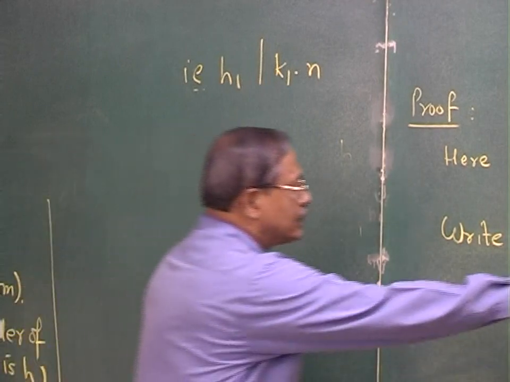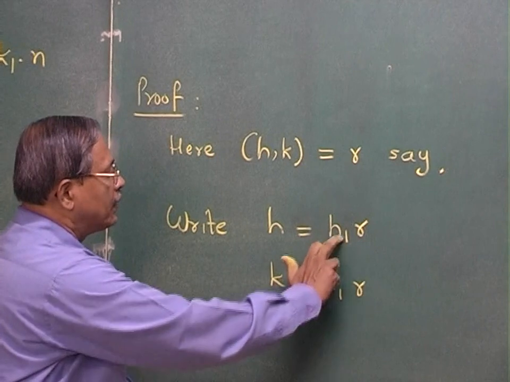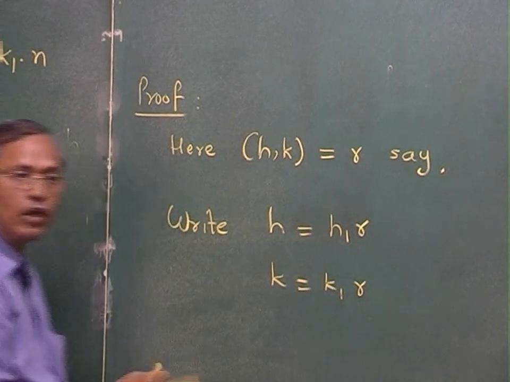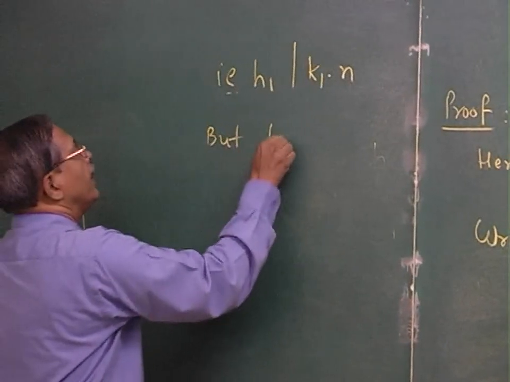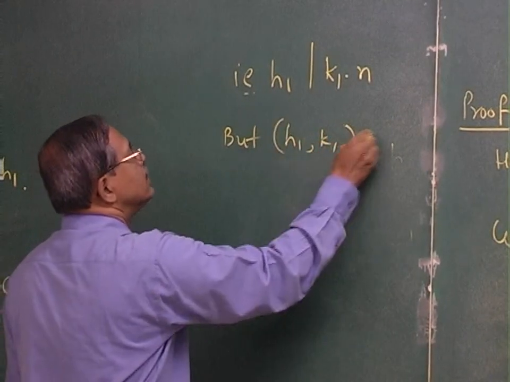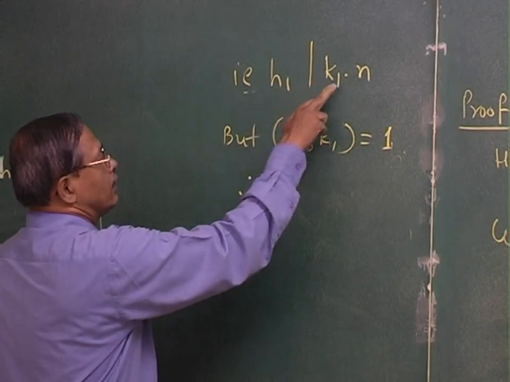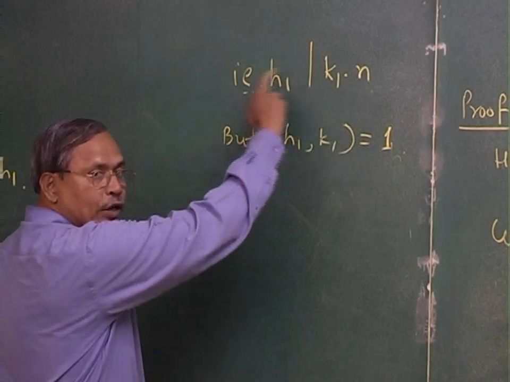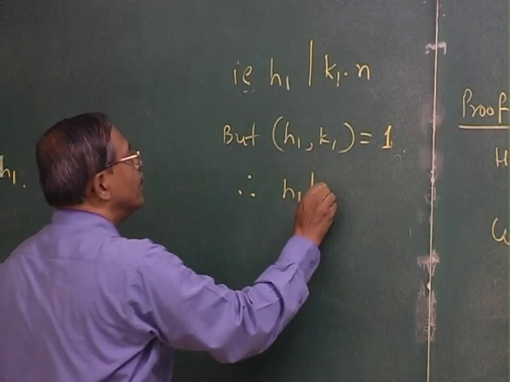See, r is the GCD of h and k. h1 and k1 don't have anything common. The GCD of h1 and k1 is 1. Therefore, h1 has to divide n.